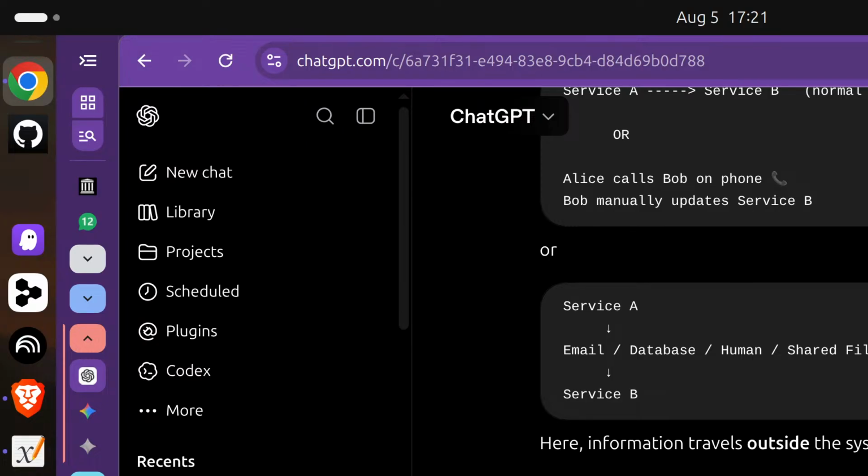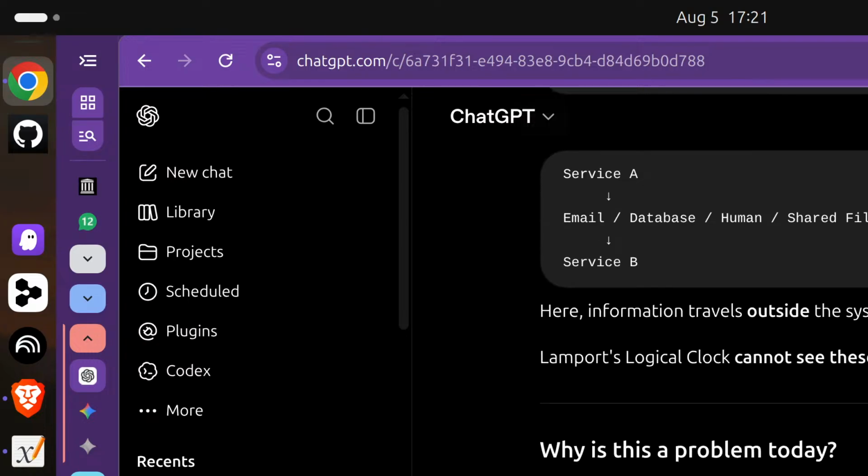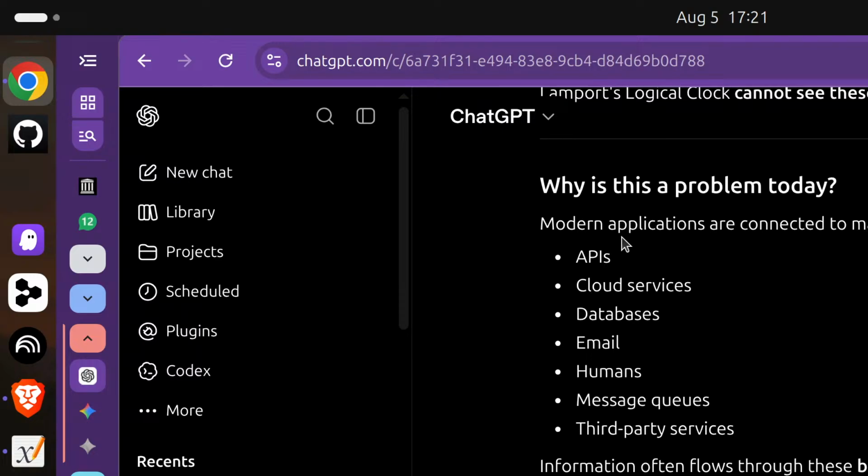Service B takes the information from email or the like, right? Here information travels outside the system. Lamport logical clock cannot see these hidden communications. I think I don't understand this well for now. We will try to understand.